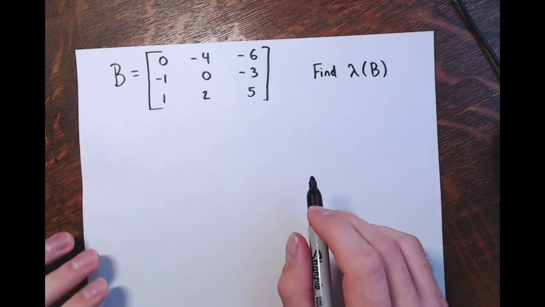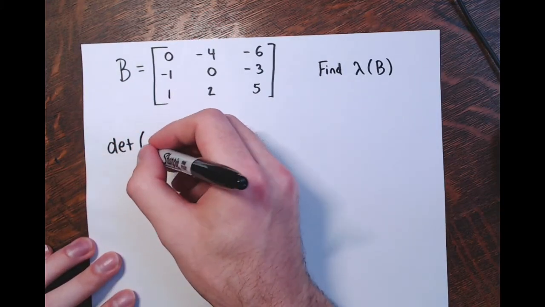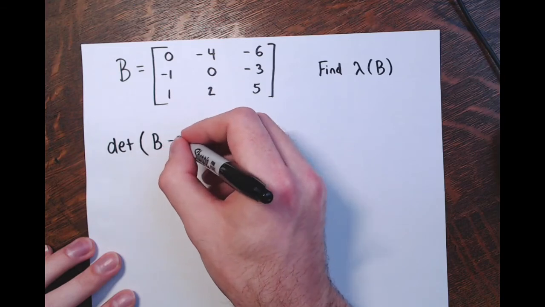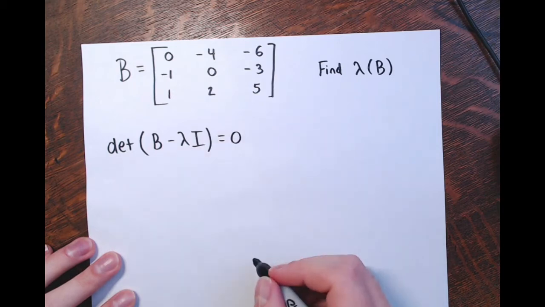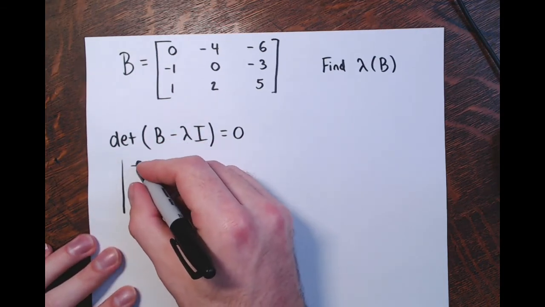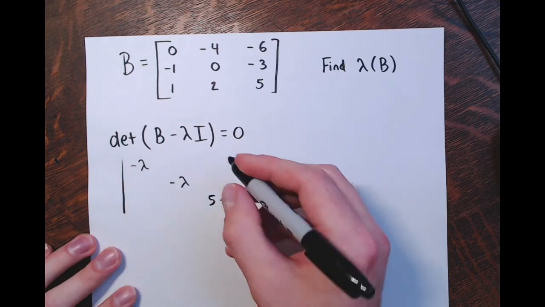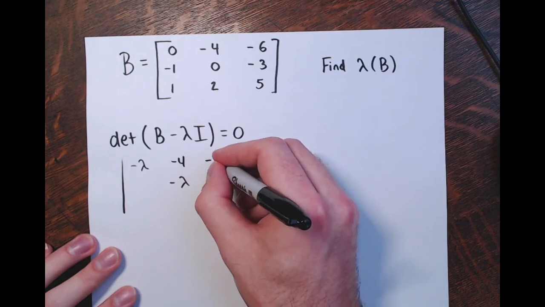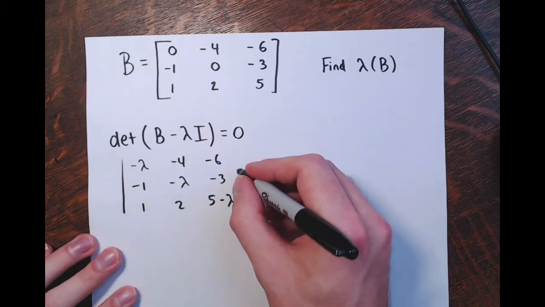So this is like earlier examples where I set up that characteristic equation. When is the determinant of B minus lambda I equal to 0? So we're doing the determinant of negative lambda, 5 minus lambda, and then negative 4, negative 6, negative 3, negative 1, 1, 2.